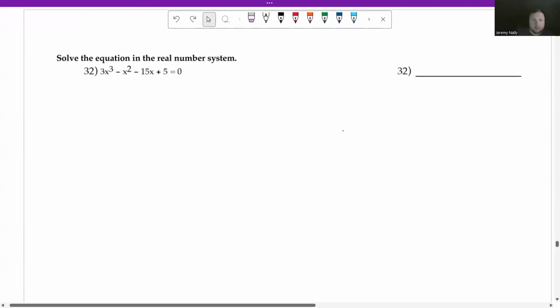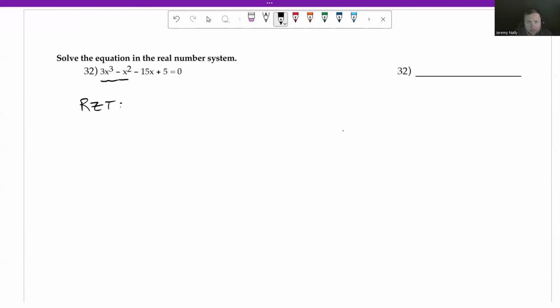Okay, solve the equation in the real number system. So I'm going to use the rational zeros theorem to maybe come up with some guesses, or if we look at that, I don't need to use that after all. So if I look at the greatest common factors of these two groups and use factor by grouping, x squared times 3x minus 1 minus 5 times 3x minus 1.